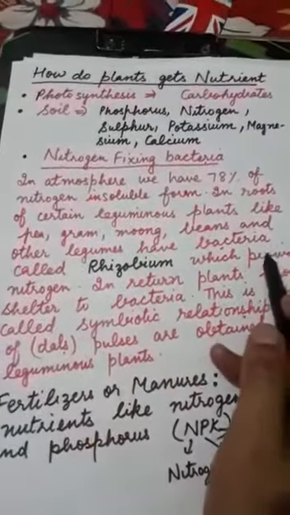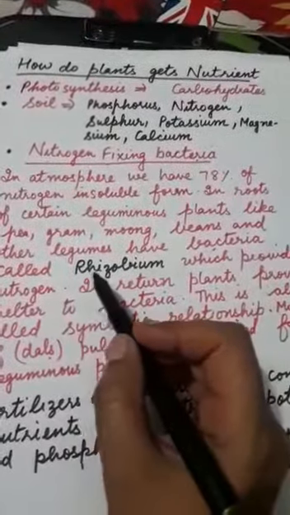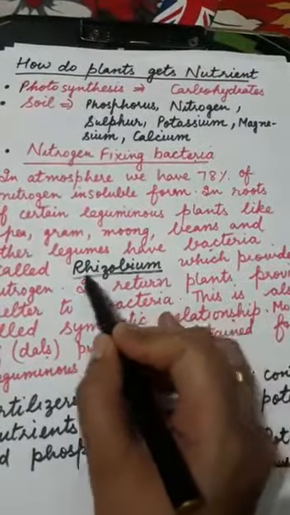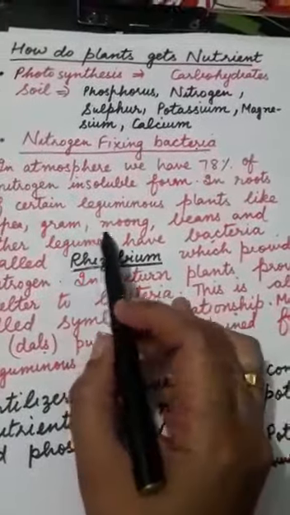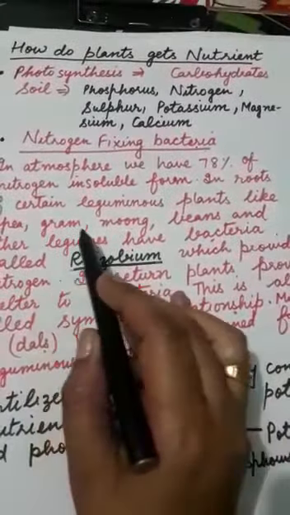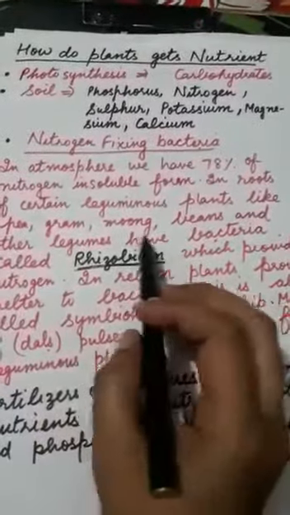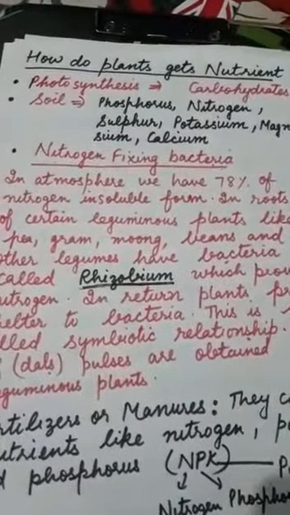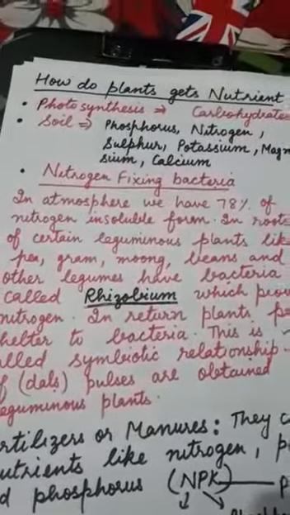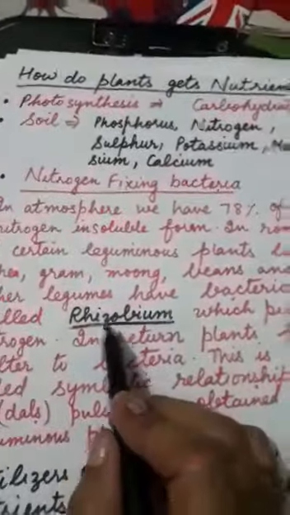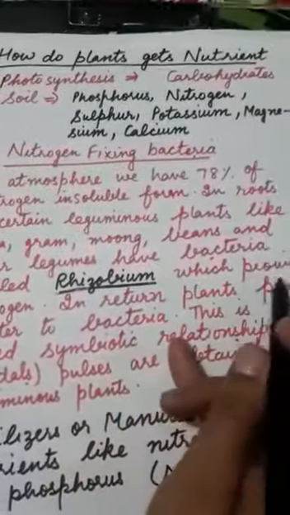Which bacteria is present? Rhizobium bacteria is present in the roots of these special plants like pea, gram, moong, beans. Or you can say leguminous plants, in all dals and pulses which we eat. That type of plants are called leguminous plants.